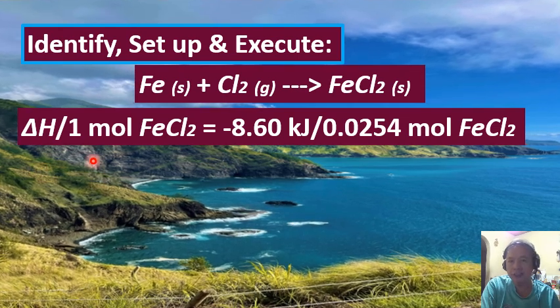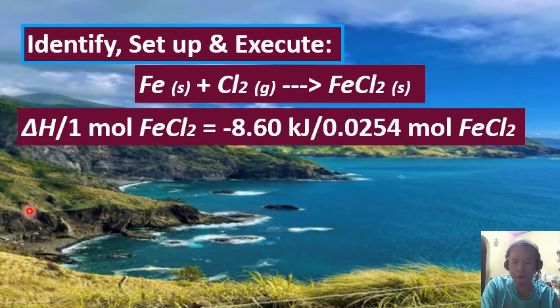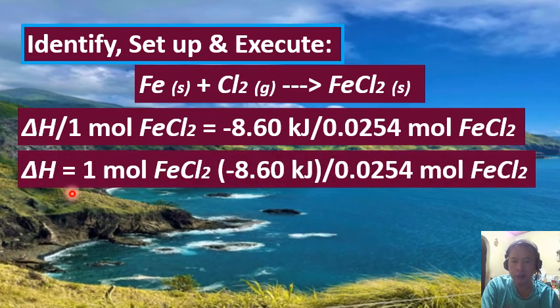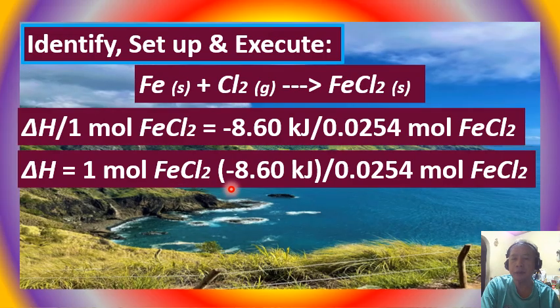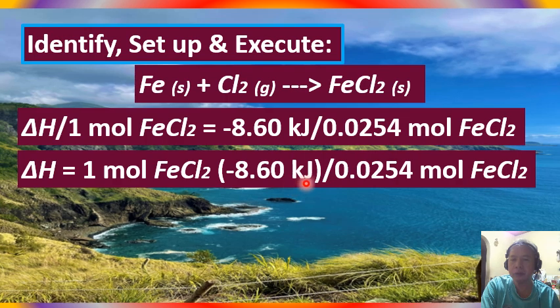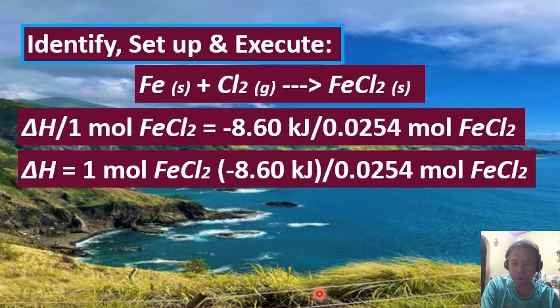So, isolating and solving for delta H, we get delta H equals 1 mole of ferrous chloride multiplied by negative 8.60 kilojoules over 0.0254 moles of ferrous chloride.